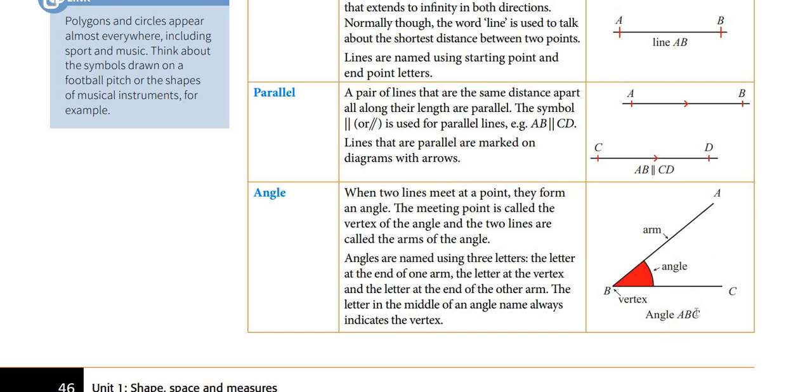You say, okay, ABC is the angle, where B is the vertex and is where the angle is located. Here it says angles are named using three letters: the letter at the end of one arm, A, the letter at the vertex, B, and the letter at the end of the other arm, C. The letter in the middle of an angle name always indicates the vertex. So ABC, where B is the vertex and where the angle is located.